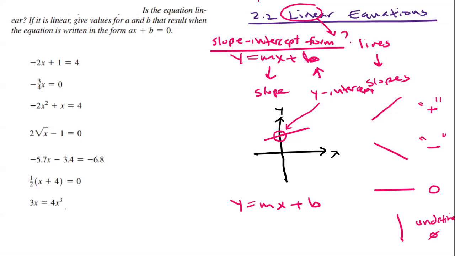What's the power on the x? The power there is 1. So in order for it to be a line, the power has to be an integer, 1 or bigger. It can't be a fraction, a square root, or a decimal.